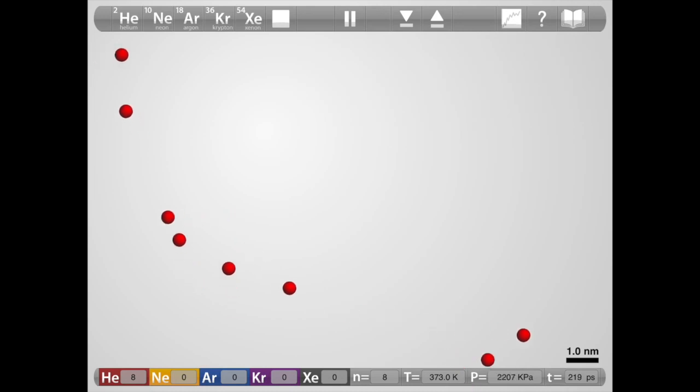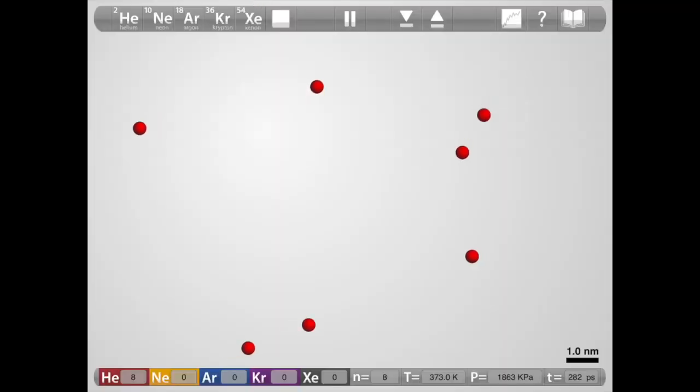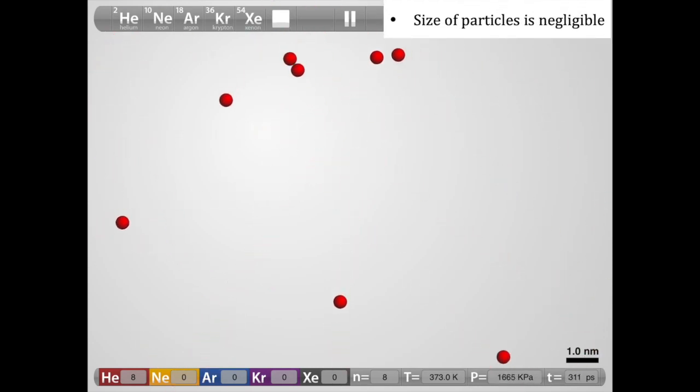Now, there are three main assumptions that we have. The first assumption is that the size of the particles of a gas is negligible compared to the volume of the container that they are filling.